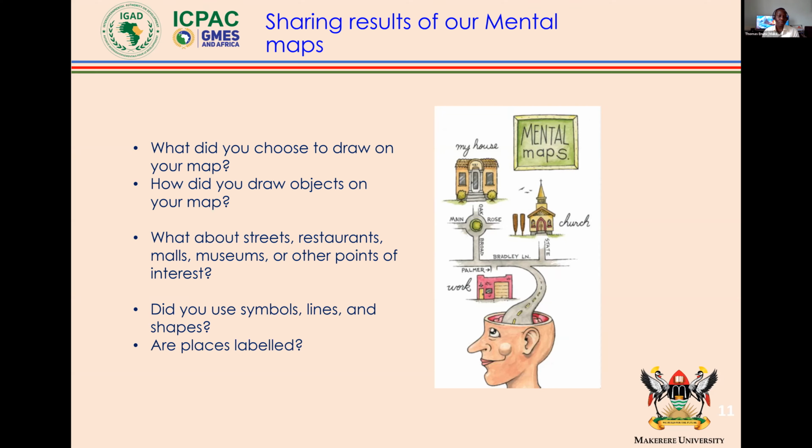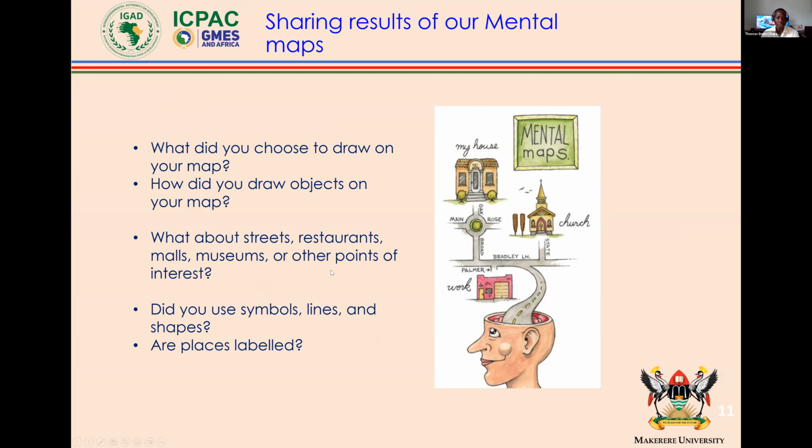Those certain shapes, when somebody looks at them quickly, can tell that this is a church, this is a mosque, this is a school. They can tell the difference between what they are trying to draw in the map. So another question is, how did you draw objects on the map? Those are things I have explained.